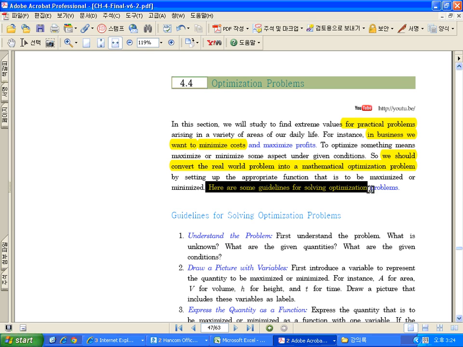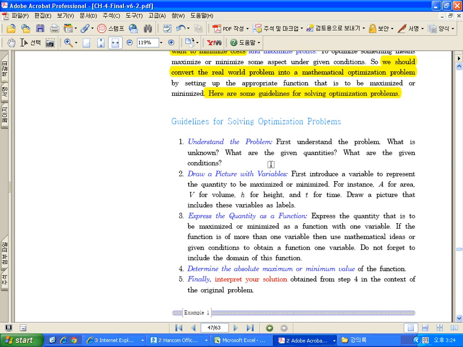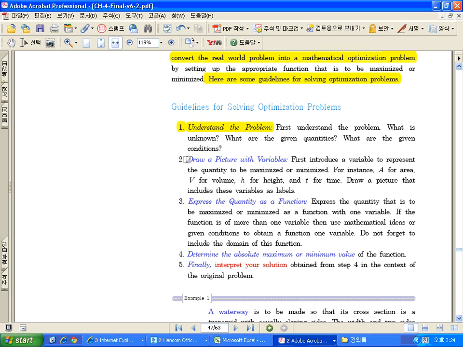Here are some guidelines for solving optimization problems. First, we should understand the problem. Then we may draw a picture with the variables to understand the situation properly.